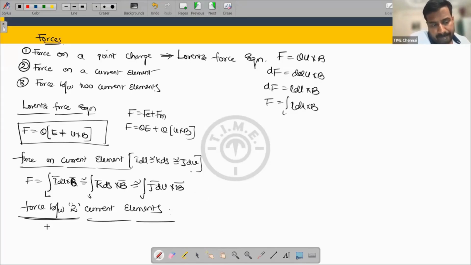Anyone? The total force between two current elements is given by mu naught I1 I2 by 2 pi r.